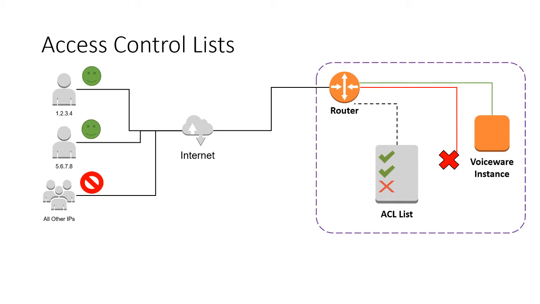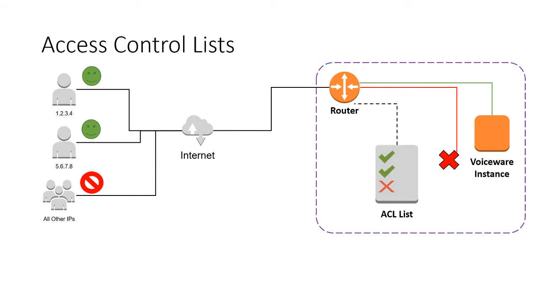We also have a process on the Voiceware system running called fail to ban. What this does is it automatically blacklists people who attempt to register a phone or access the browser or the web GUI too many times and fail within a certain amount of time. So if you do have a scanner bot out there and you've had to leave your system open, the scanner bot will not be able to try indefinitely on the system.